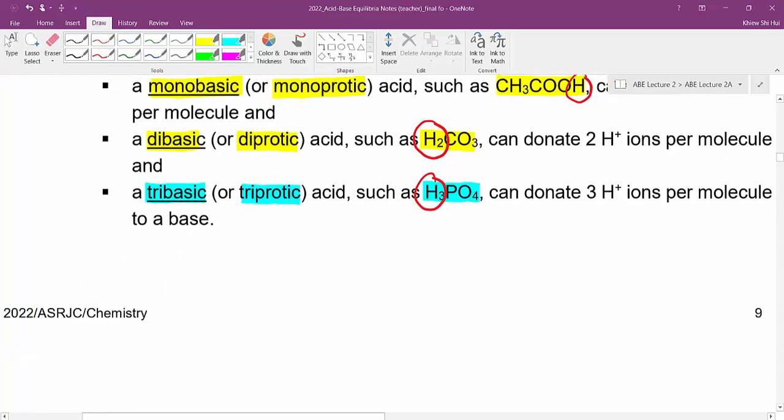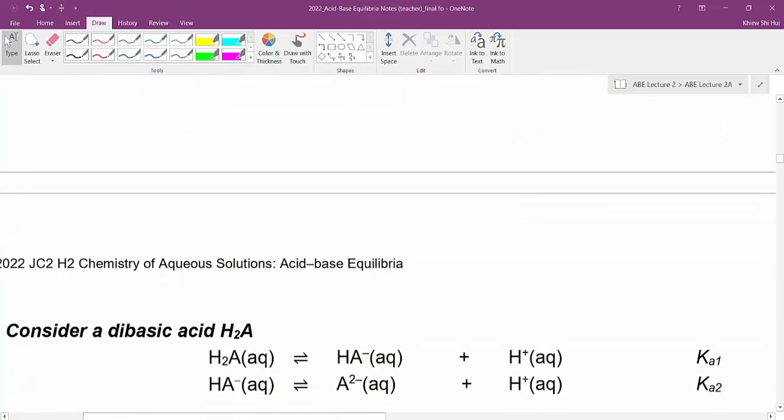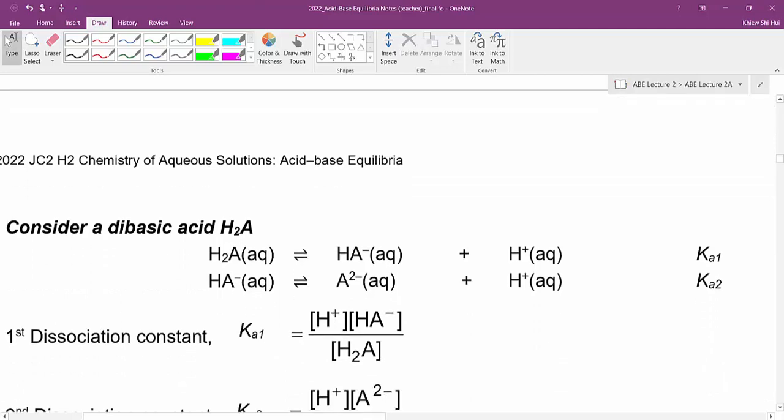With this understanding, let's now consider a dibasic acid, H2A. We will write down the acid dissociation equation of the dibasic acid in two separate equations, each time with one H+ being lost. Now H2A will undergo a dissociation to lose one H+ to form HA- in the first equation.